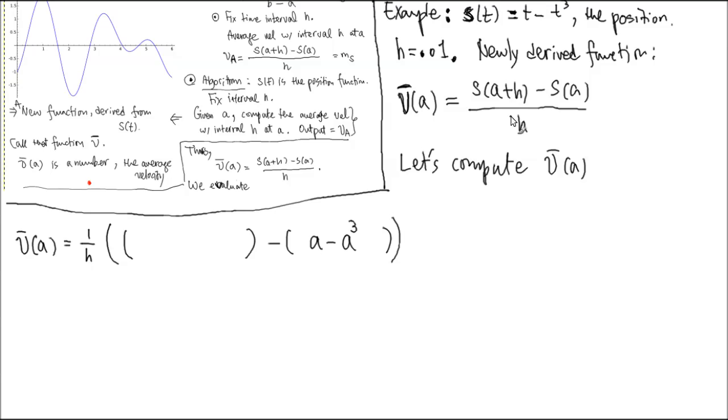Every place where t is, a plus h will occupy that place with parentheses, right? You see the t there. t is replaced by a plus h. That's what the input here is. So put parentheses and rewrite that t part with parentheses a plus h.